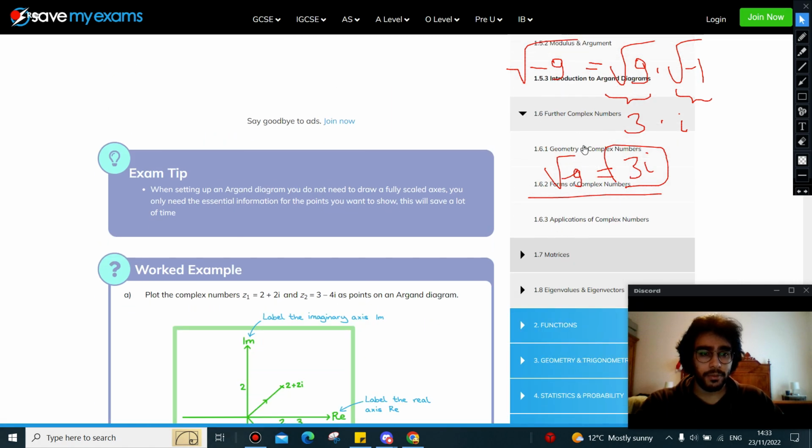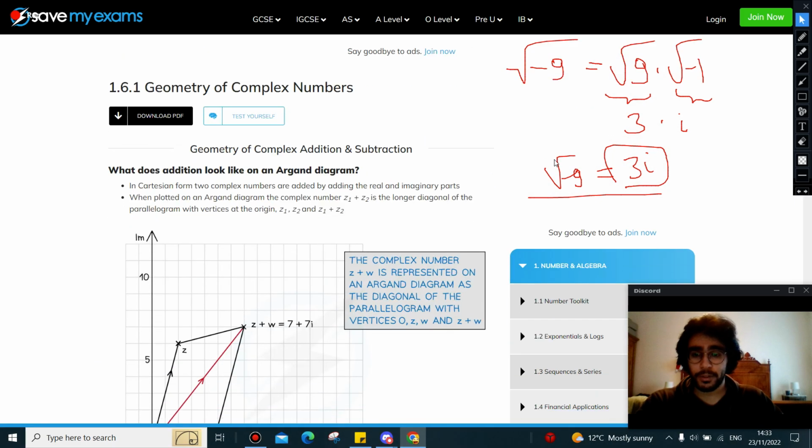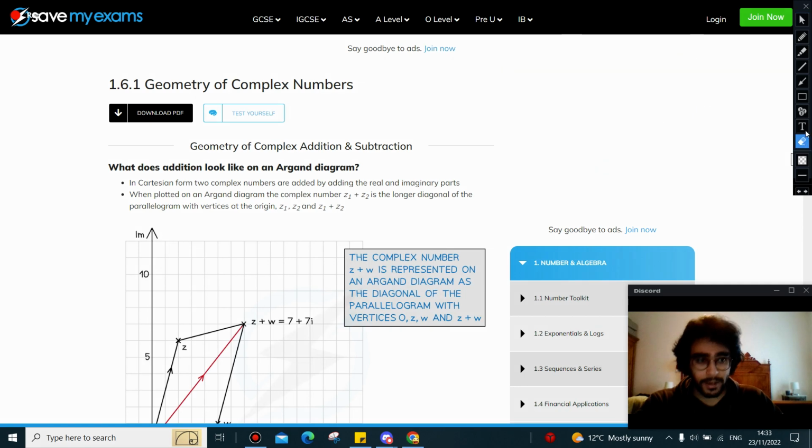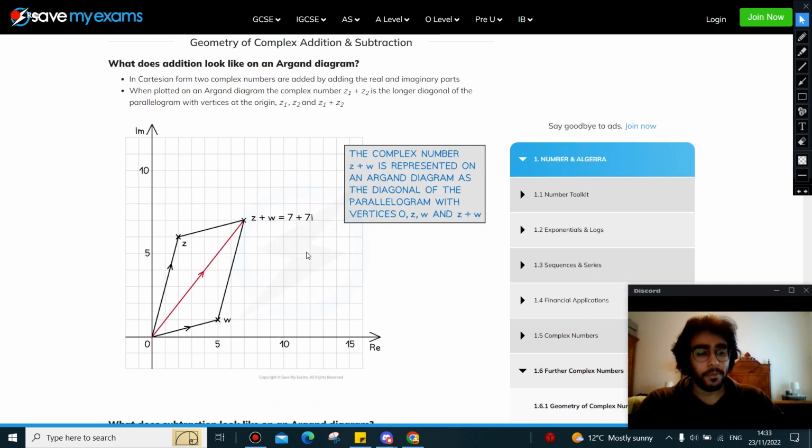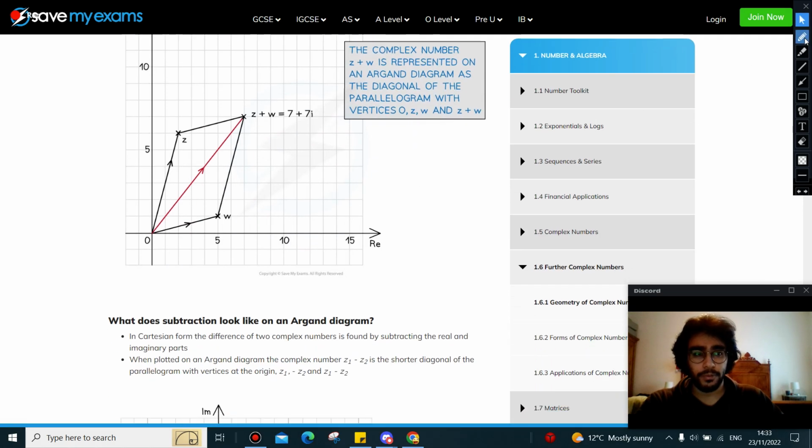Okay, let's see what we have. Further complex numbers, geometry of complex numbers, which means the Argand diagram, how we add them in an Argand diagram. Let's assume that we have complex numbers given on the screen like this. So w and z. This is z, this is w. And w is this vector and z is this vector. When we add them, we just do the vector addition.